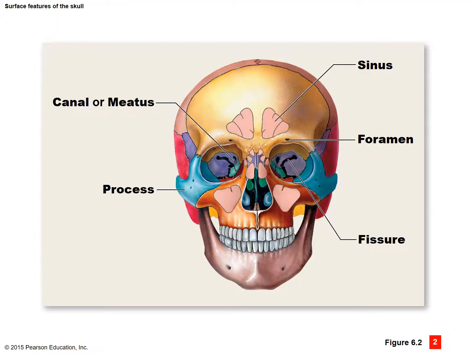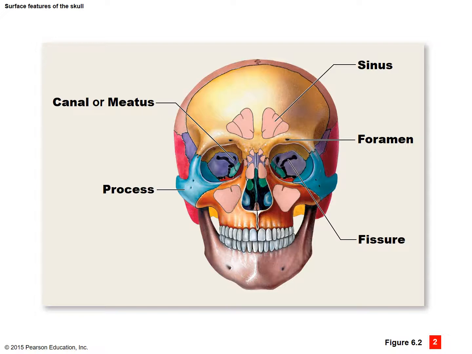Here we could see examples of first the canal or meatus. The canal or meatus is going to be a passageway where typically different types of nerves or blood vessels will go through. A process is going to be a bony protrusion that typically has a sharp point where there's oftentimes a ligament or tendon attachment that would go there. A foramen that we can see is going to be another site where blood vessels go through, typically smaller than a canal or meatus.